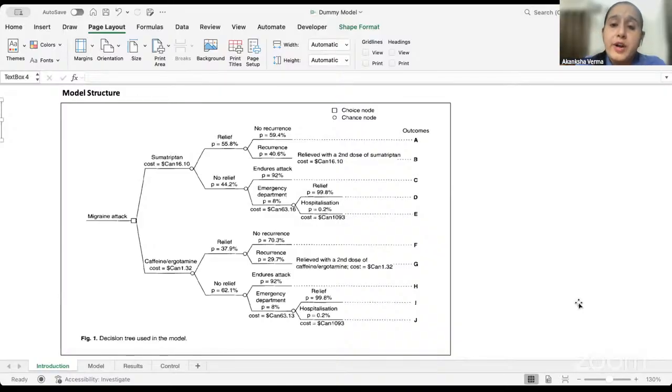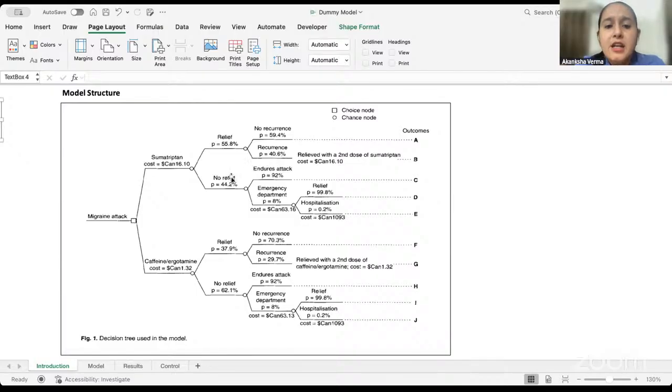How are the patients flowing? A patient who has a migraine attack can either take sumatriptan or take caffeine. Either they have relief after taking each one of them or no relief. Within relief, either there is no occurrence of migraine or there is a recurrence of the migraine attack.